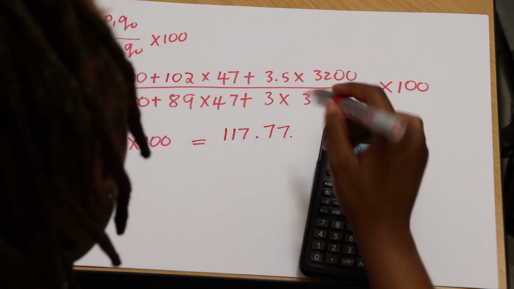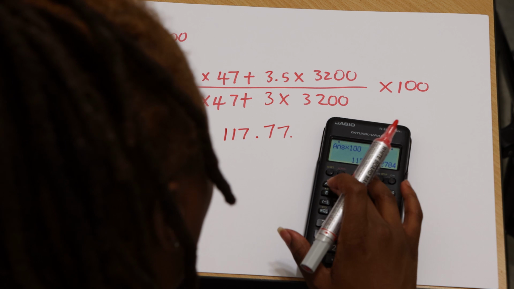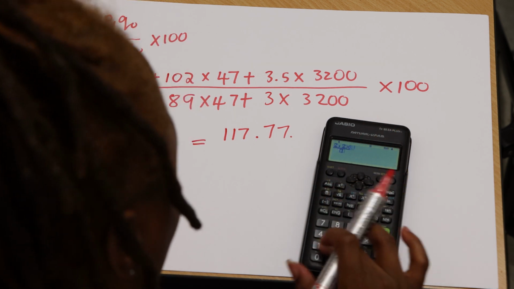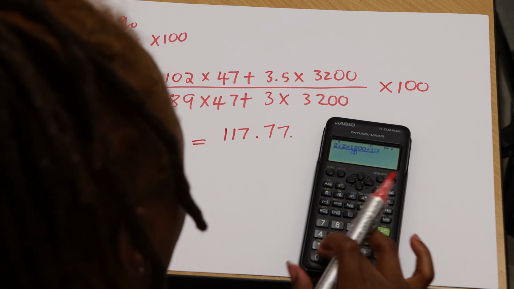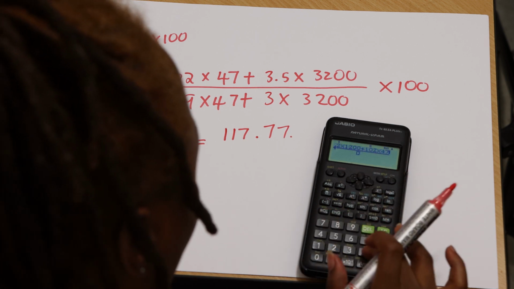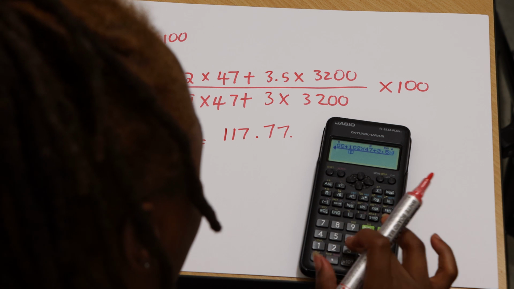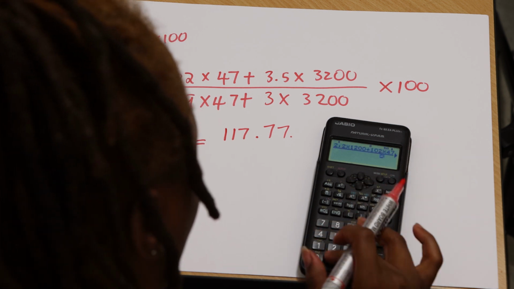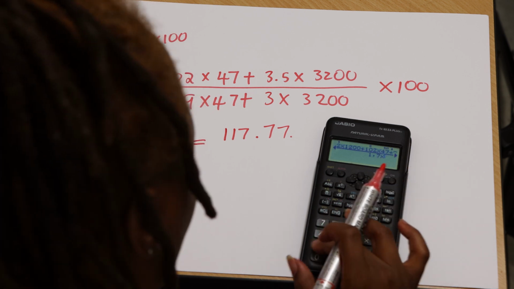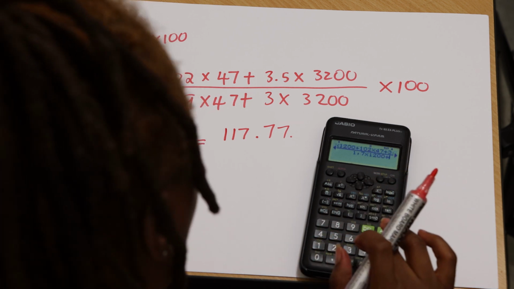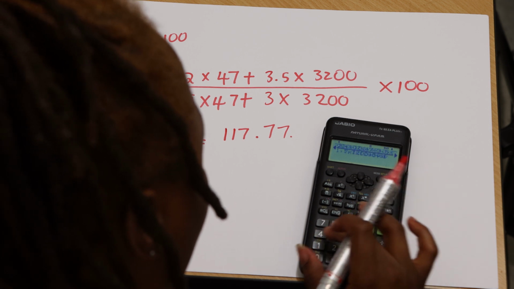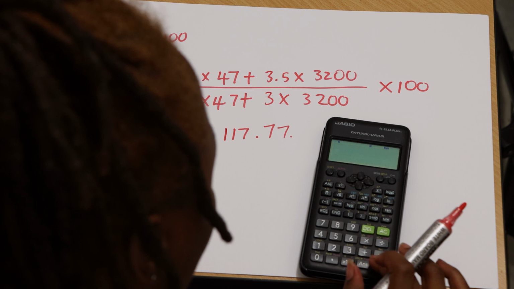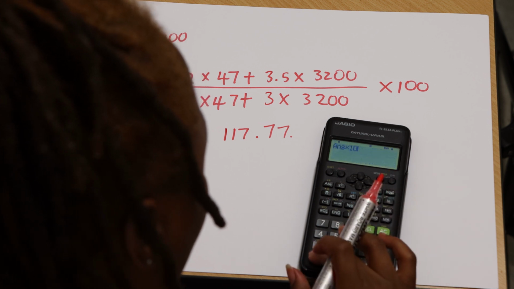And then that gives 170.77. Okay, I'll just confirm that by calculating linearly. 2.2 times 1200 plus 102 times 47 plus 3.5 times 3200 divided by 1.7 times 1200 plus 89 times 47 plus 3 times 3200, times 100.